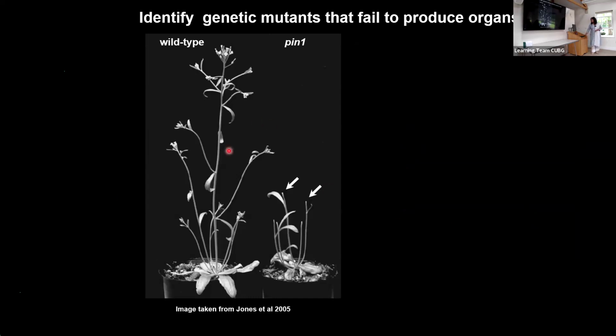One such mutant plant that you see here is called PIN1. Here you have a control plant, which is very normal. It is forming flowers. But in this plant, you see that the shoot is continuously growing as a pin without any flowers. And so that's where the name pin1 originated.